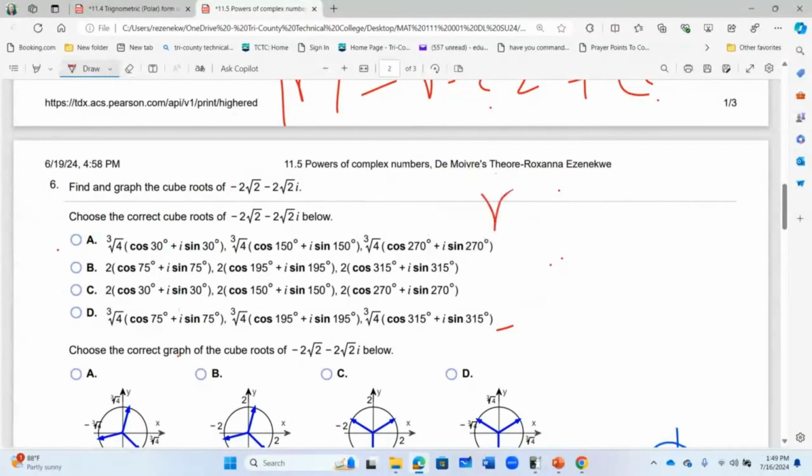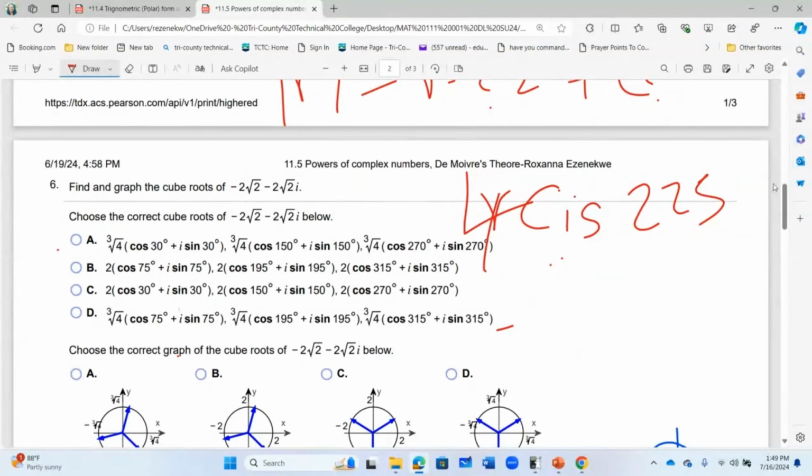Then you start adding, so when I grab the first one, I start adding multiples of 90.